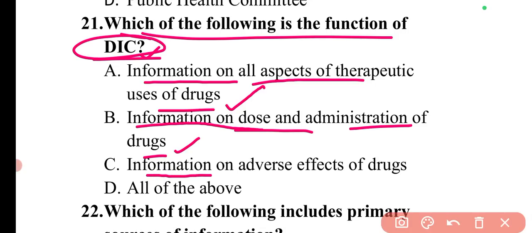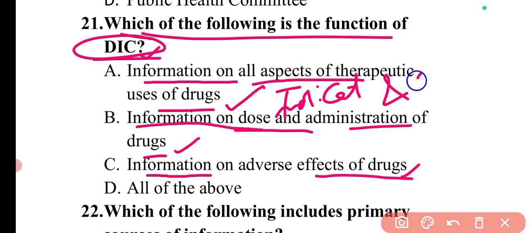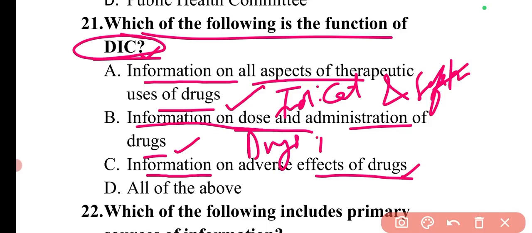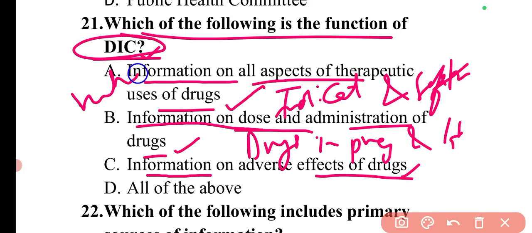They should provide information on adverse effects of drugs, on indications and contraindications of drugs, and on drugs in pregnancy and lactation. They should provide continuous educational programs for the rational use of drugs.